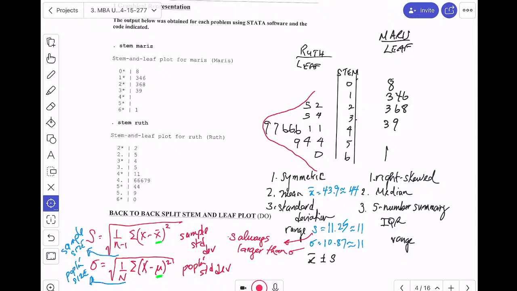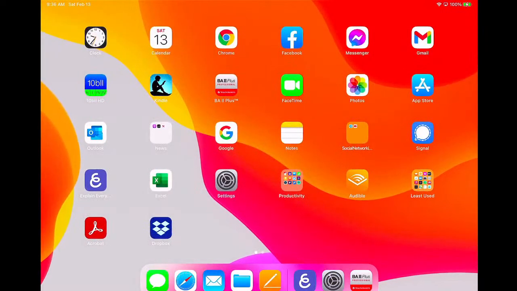Actually, no, let's do this in Excel first, and then I'll do it. So let's do this in Excel, because I said I would show you in Excel. And then we'll do the interpretation. So let's get Excel.